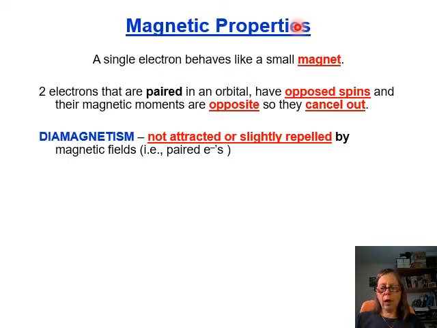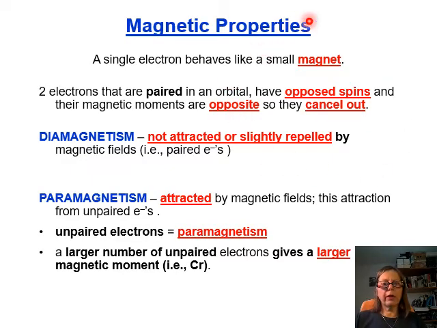We will also have elements that are paramagnetic. These are the elements that have unpaired electrons.